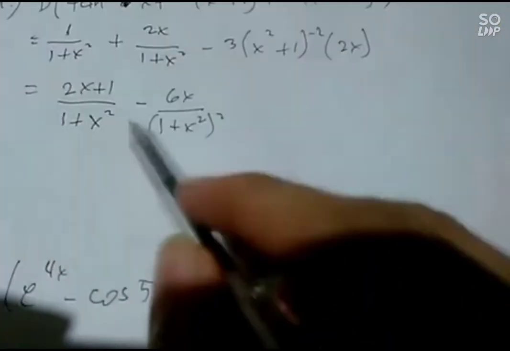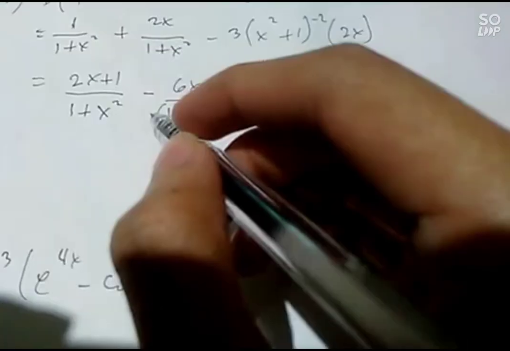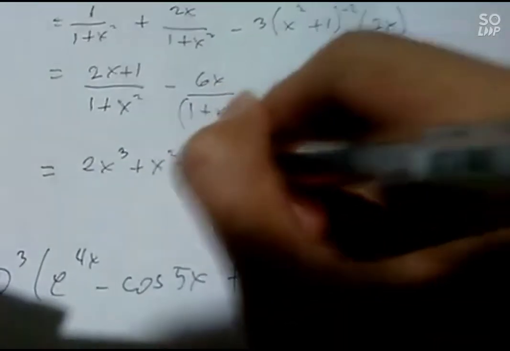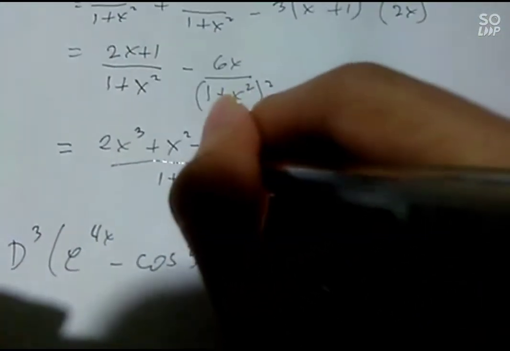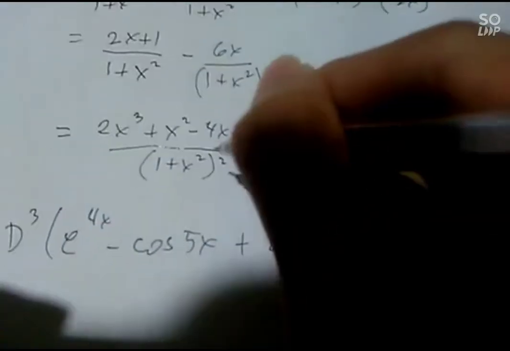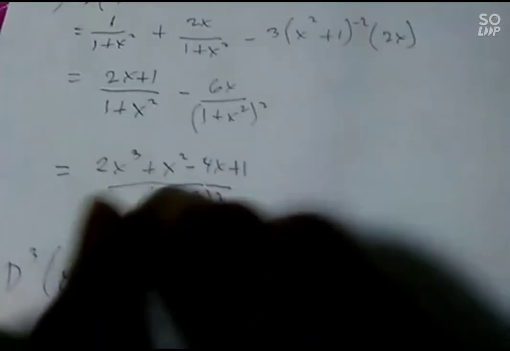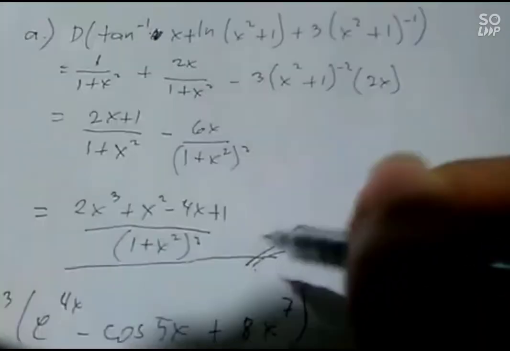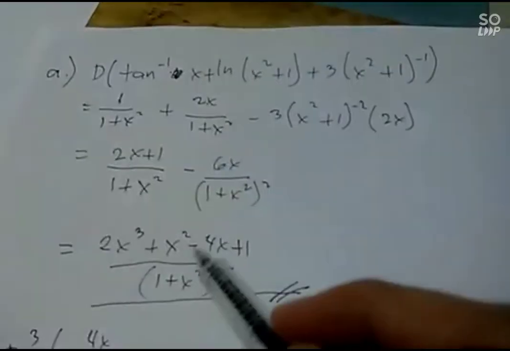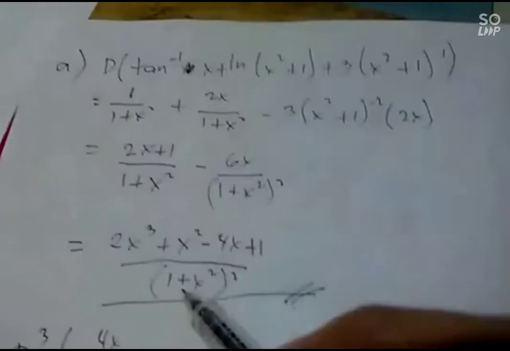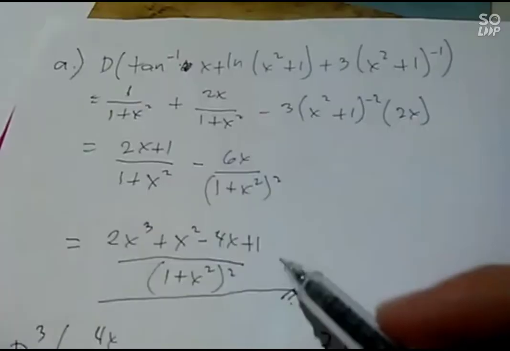Combining these two fractions, we will have (2x cubed plus x squared minus 4x plus 1) over (1 plus x squared) raised to 2. So that's it. We now have the first derivative of these three functions: (2x cubed plus x squared minus 4x plus 1) over (1 plus x squared) raised to 2.